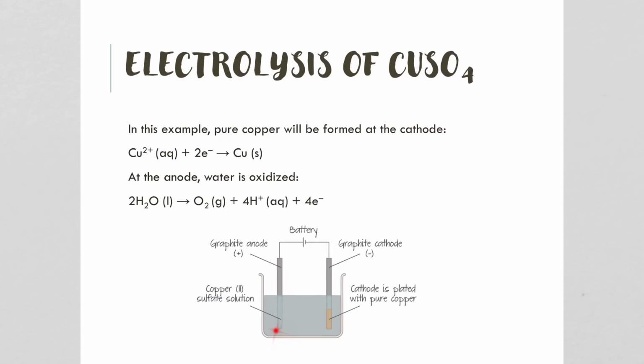The water will be favored to be oxidized instead of the sulfate. And then the copper 2+ ions are going to absorb 2 electrons to become solid copper. There you can see that the cathode is being plated with pure copper. So if you wanted to do copper plating, that's how you would do it.